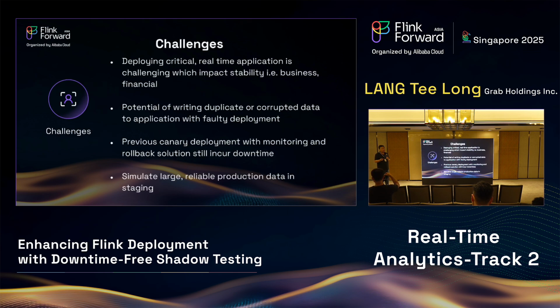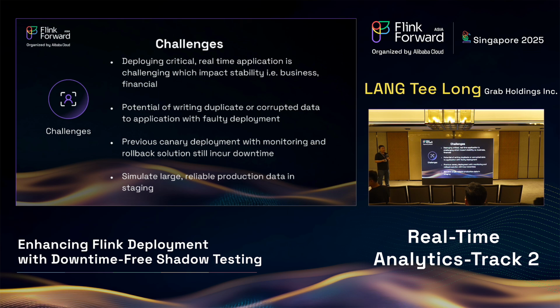Before I jump into the implementation of shadow testing, I want to discuss the challenges that we face when we implement shadow deployment to our Flink applications. For us, it's very difficult to deploy critical real-time and stateful applications in production, because it will impact stability, such as business operations like booking service and some of our delivery service.